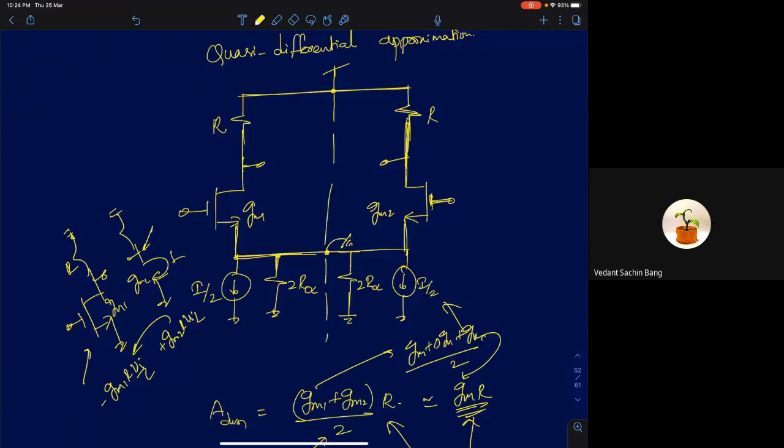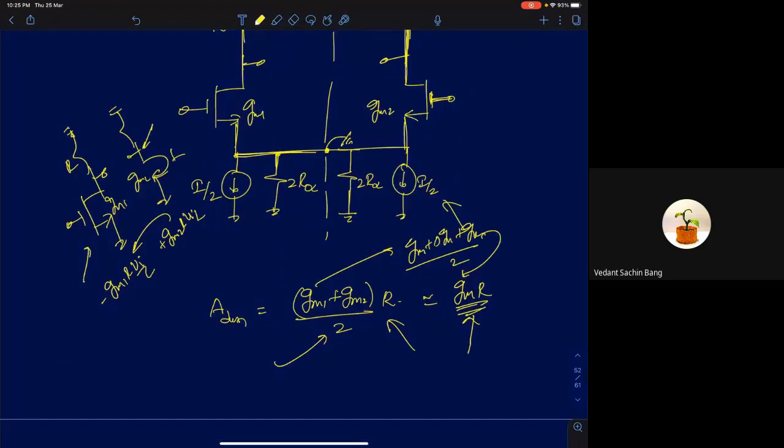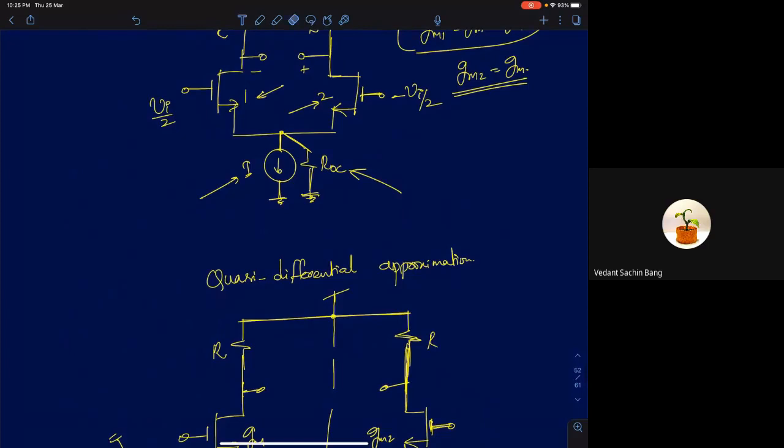So now the next step is, by now you understand what ROC represents here. ROC represents the output resistance of this current source. If you want to increase it, we discussed in the previous lectures that you would go for cascoding. Cascoding will improve your resistance significantly.